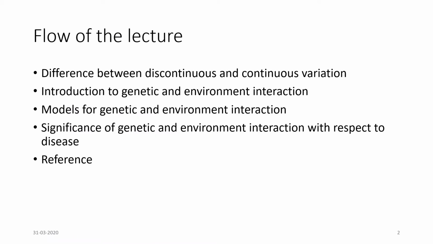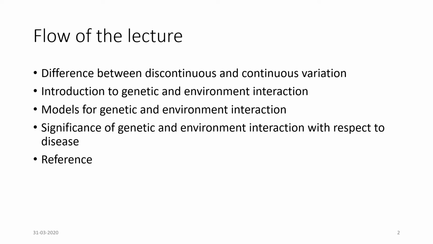So here my flow of lectures again will differentiate or look at continuous and discontinuous variation, and then we'll see a few examples of continuous variation. Both continuous and discontinuous are called quantitative characters, whose estimation is mostly dealt with in quantitative genetics.